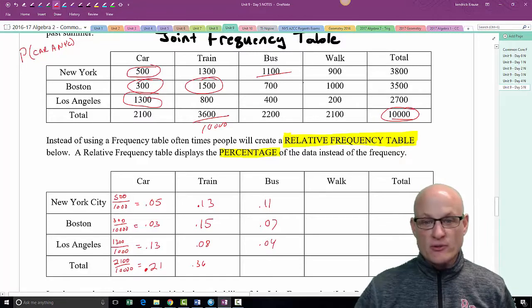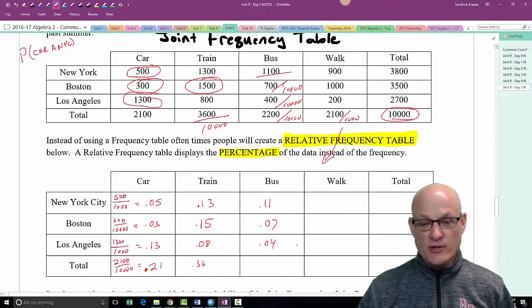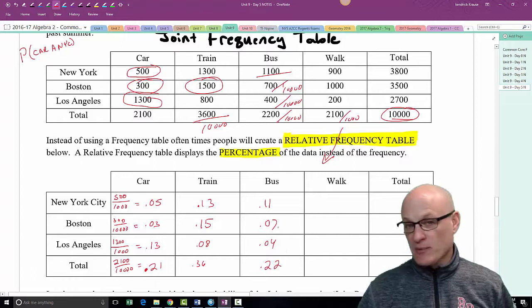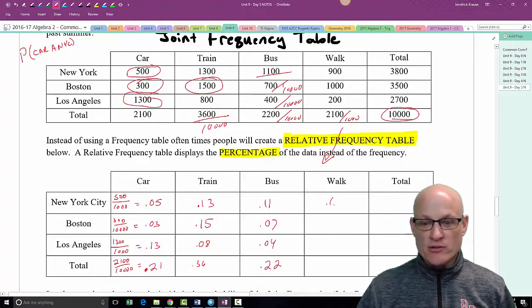These are all frequencies. So basically what I'm doing is taking each one of these and dividing it by 10,000 to create the relative frequency table. 0.22. 22% of people take the bus. 0.09. 0.10. 0.02. 0.21. 21% of the people walk.